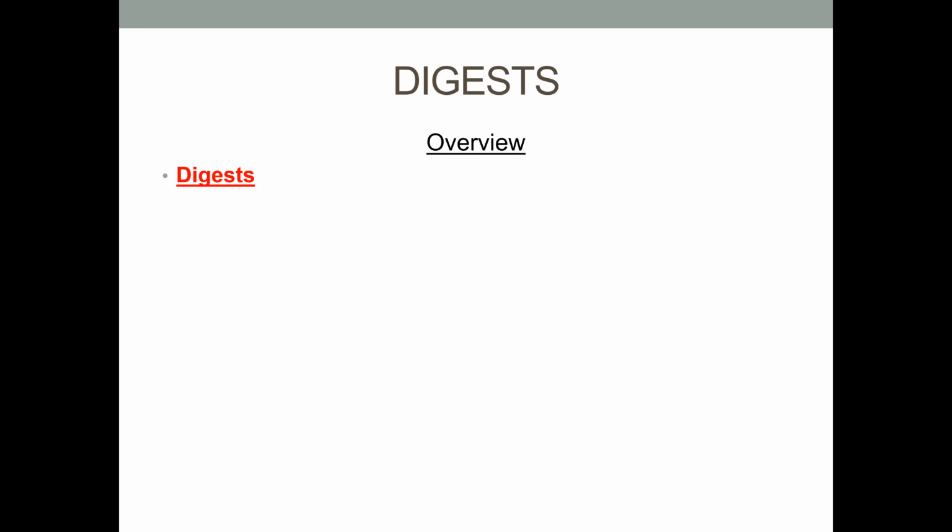So a digest, given what we know about head notes and what we know about the topic and key number system, can be defined as follows.